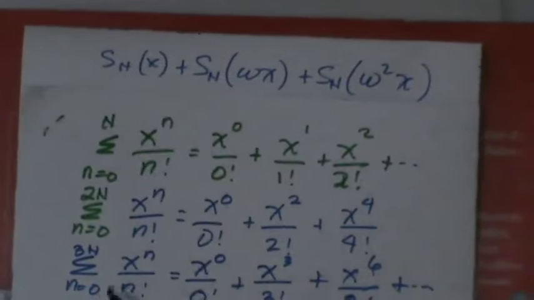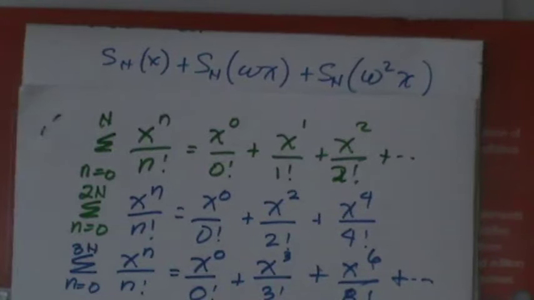Alright, so let's look at this now. We want our s sub n of x. We know that the definition of s sub n of x is this. Let me just write it down. The definition, wait, it's not visible in the camera.